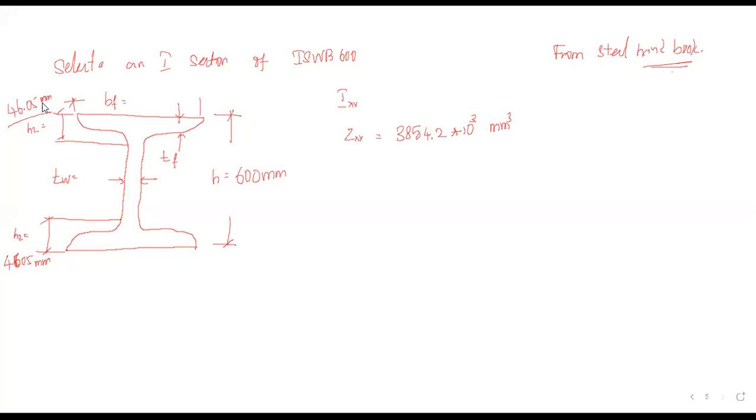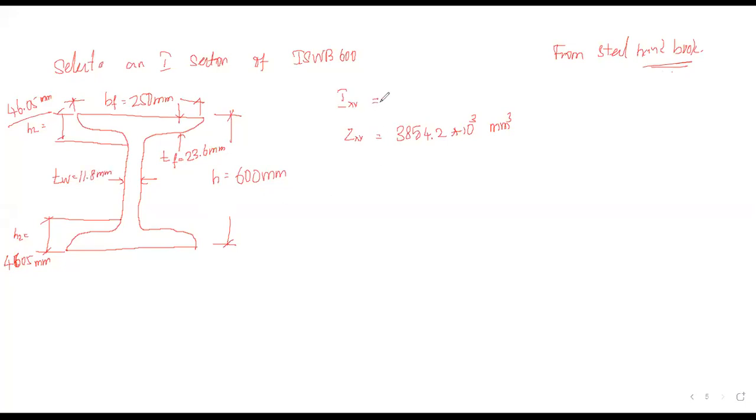Thickness of flange is 23.6 mm. So 250 mm and 23.6 mm. Next, thickness of web. So thickness of web is equal to 11.8 mm.